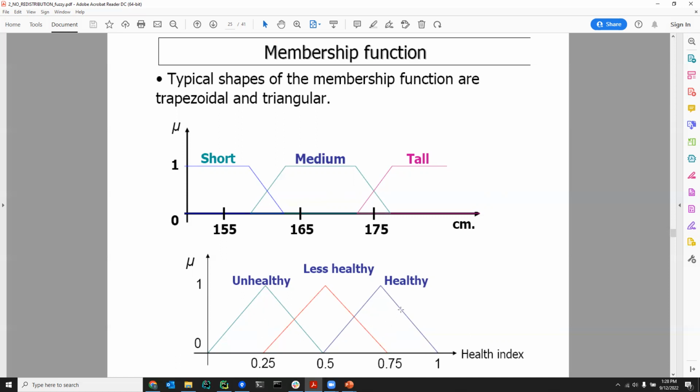But then outside of that, you just get contributions from the 1 at the boundaries. And then outside of that, we don't have any contributions. So these are some examples of how you might want to represent your input spaces, or the range in your input spaces, using multiple fuzzy sets and different membership functions to do that.